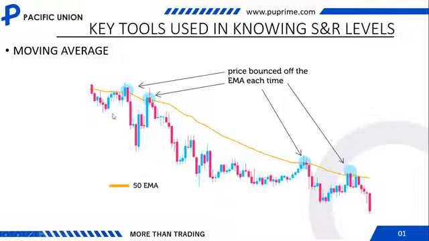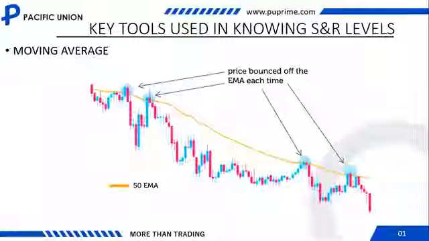Typically you discover that price gets to test this region before going down. You see that price broke through here to the downside. It tested it as resistance, came down, tested it here again as resistance. So price bounced off the 50 EMA.